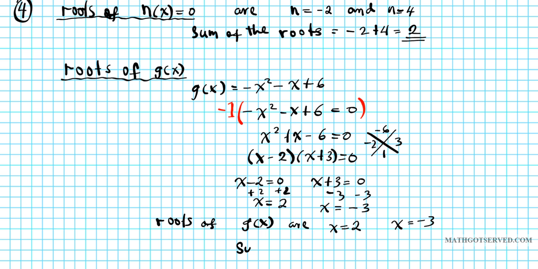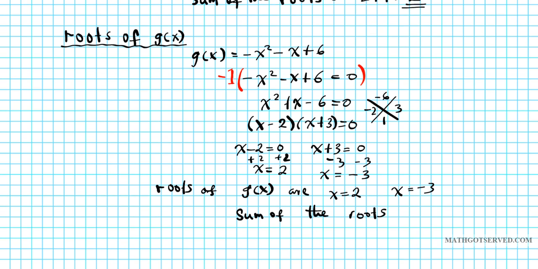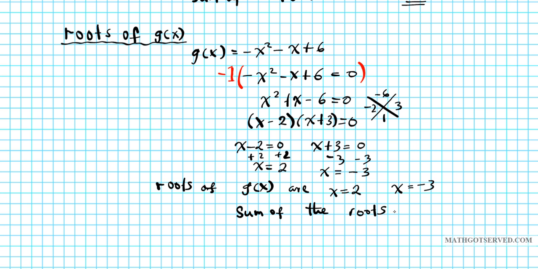So the sum of the roots is what? It's going to be positive 2 plus negative 3, right? So if you simplify this, this is 2 minus 3, which is negative 1. So what does this tell us?